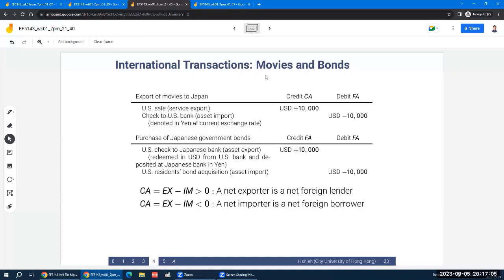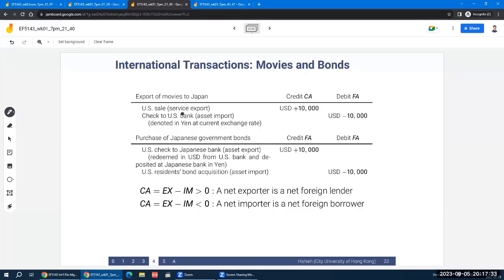Because the US is exporting movie rights or licensing rights, it's going to show up as a positive amount on the current account. Remember, the current account is commodities, meaning goods and services. So in this case, movie licenses, physical movies, DVDs, whatever, are going to show up in the current account. So it's positive here.